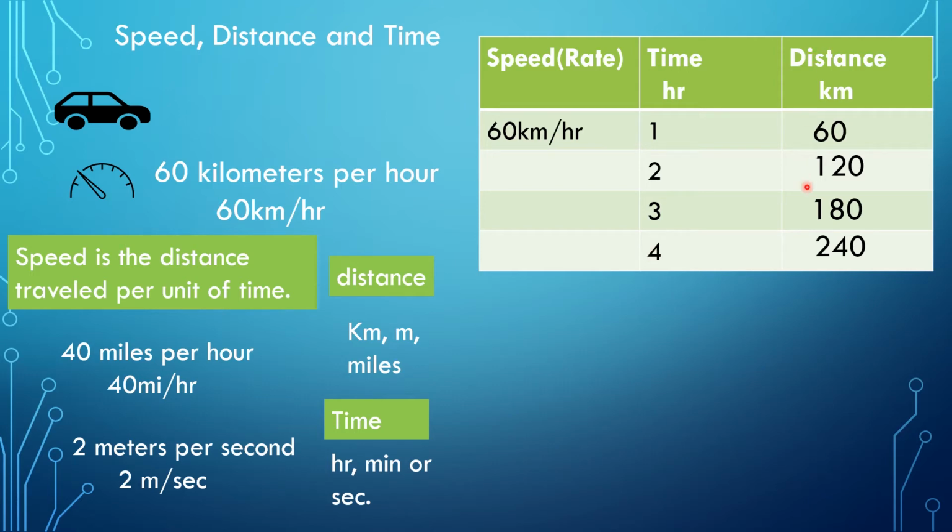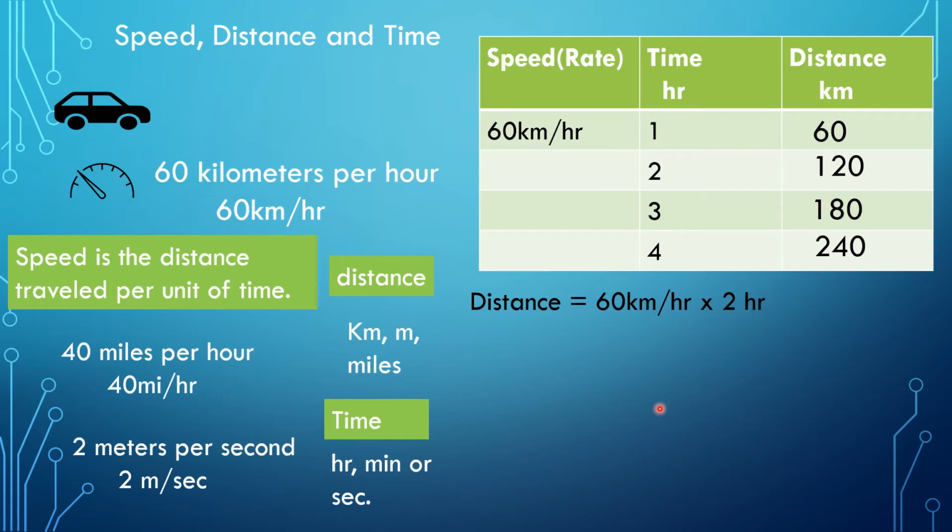Now, this one is what we call distance. So how do we get the distance? How do we get 120? It is simply distance equals 60 kilometers per hour, this is the speed, times 2 hours, and that is 120.